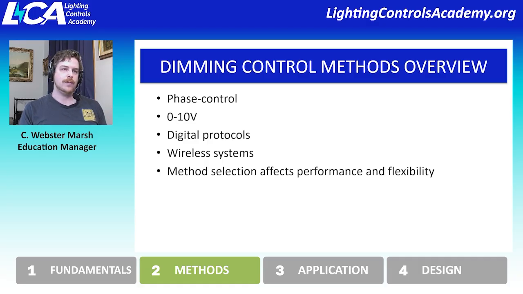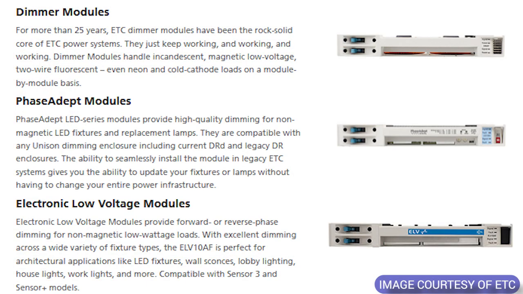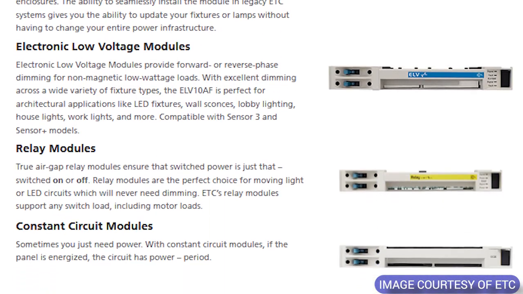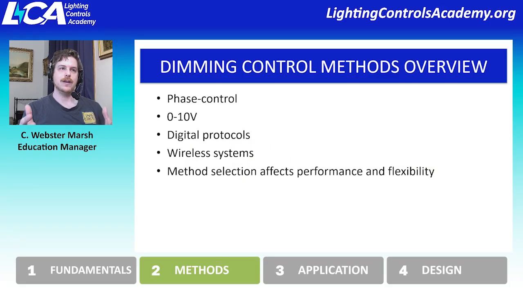But whether what we select for our choice within the system really does affect its performance and flexibility. So phase control, we're stuck to circuits because we are controlling the power circuit to the fixture, and we're potentially limiting our low end of the dimming curve. 0 to 10 volt, we're still typically stuck to circuit, but our range of dimming can actually be quite more robust because we're not choking the power to the driver.